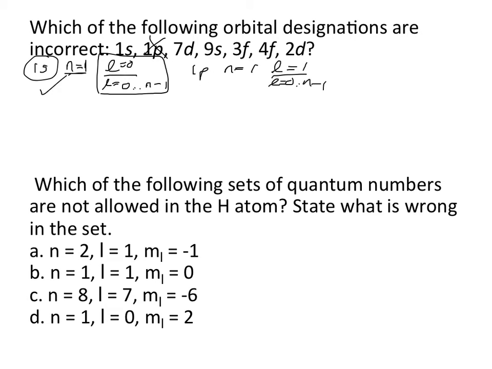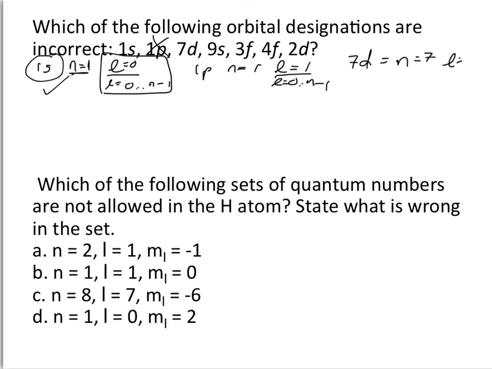Let's look at 7d. That's the orbital being designated. Is this a possibility? n equals 7. S's are equal to 0, p's are equal to 1, so d's must be equal to 2.